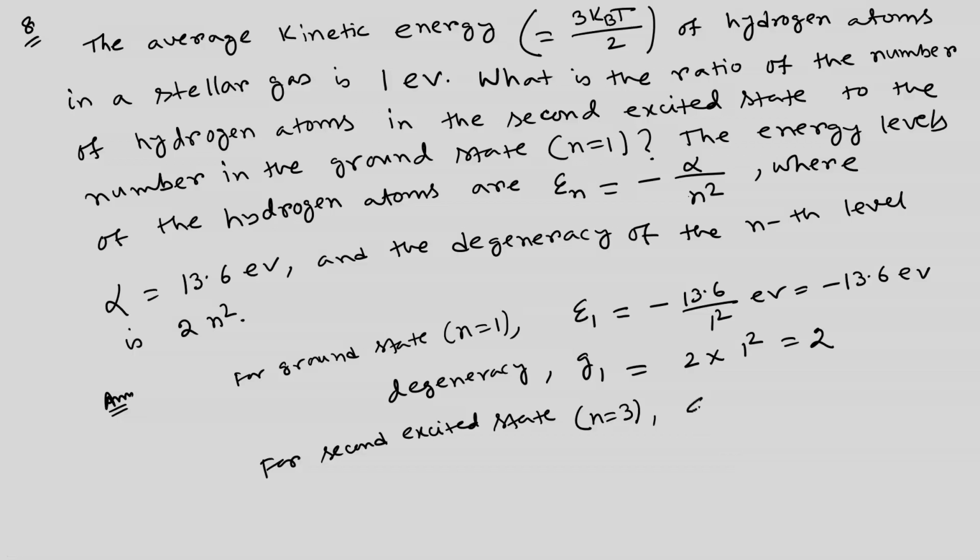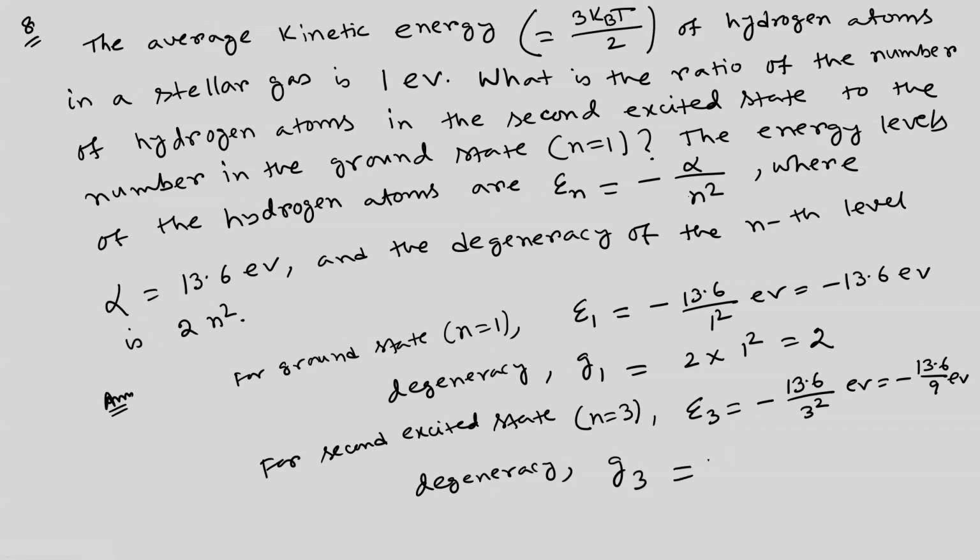So, for the second excited state n equals 3, the energy value epsilon 3 is minus 13.6 by 3 squared electron volt, or minus 13.6 by 9 electron volt. And the degeneracy of the second excited state, we say this is g_3, is nothing but 2 times 3 squared, so this gives us 18.